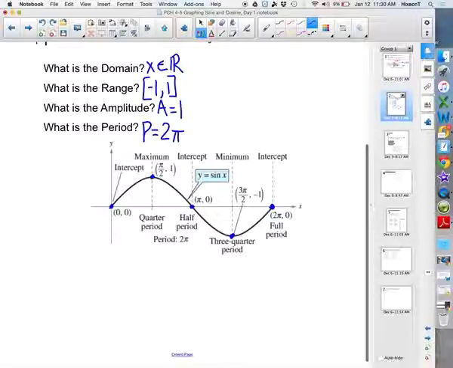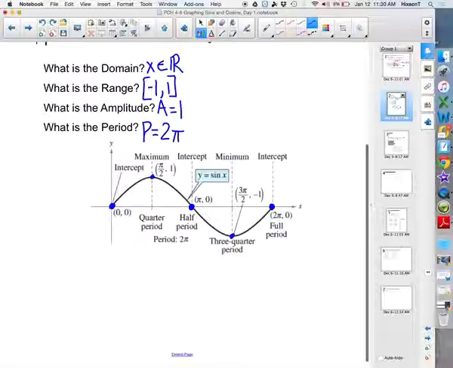A little tip when you are sketching them: before you sketch it, you're going to identify what your period is, any translations, and what your amplitude is. So the best thing to do is start with this point here, then use that period to figure out where the last point's going to be. Because you know sine is going to be on this middle line at the beginning and at the end, and then you can find the middle because you know it's going to be on this center line there as well.